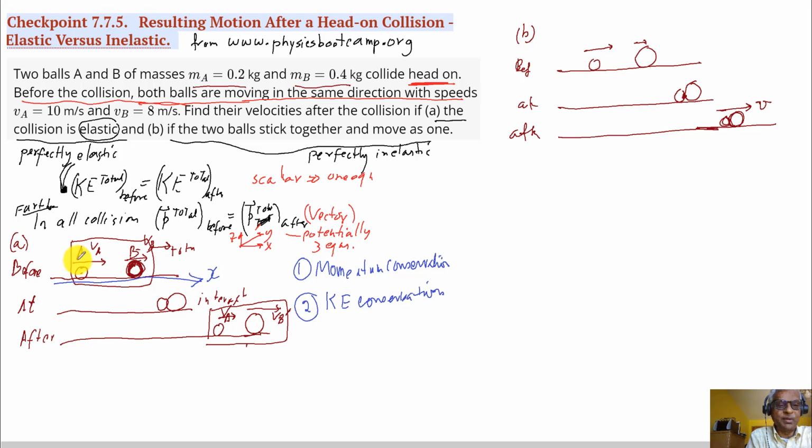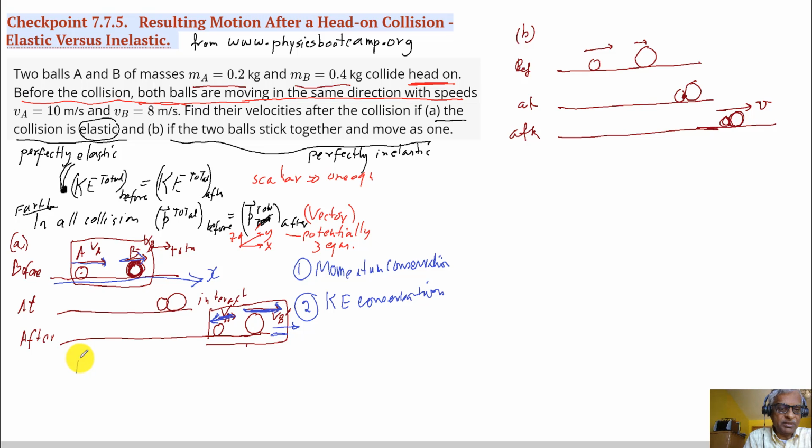Every direction is positive here. This one we don't know if it's going this way or this way, but the net is that way. So we don't know, but you can see VB' is that way.